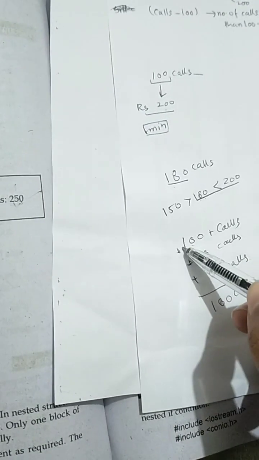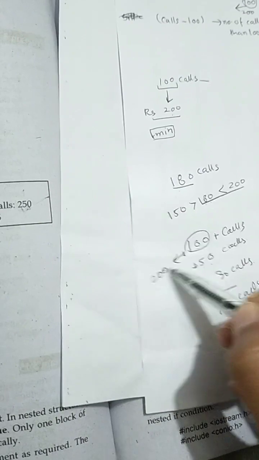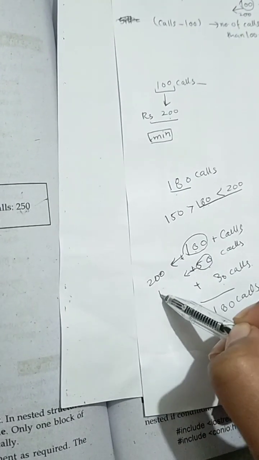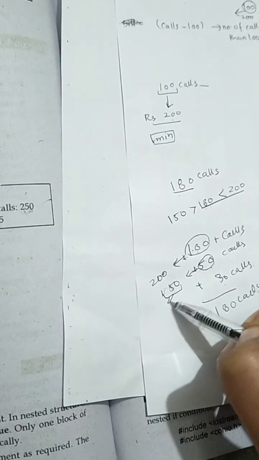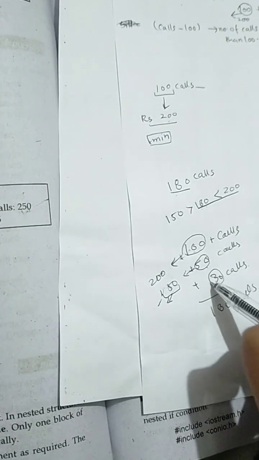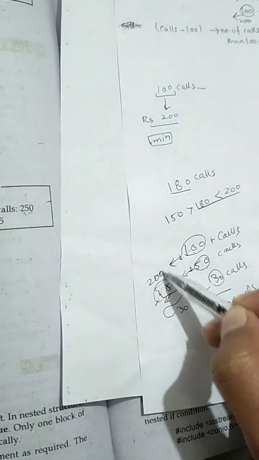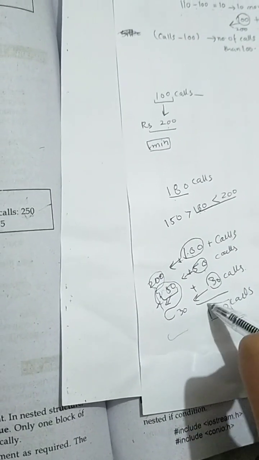It means the amount for 100, that is 200, and the amount for 50 calls, making 150, and for the remaining 30 will be added to the previous amounts, and the total bill will be calculated for 180 calls.